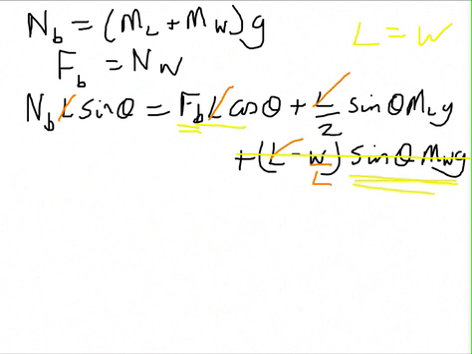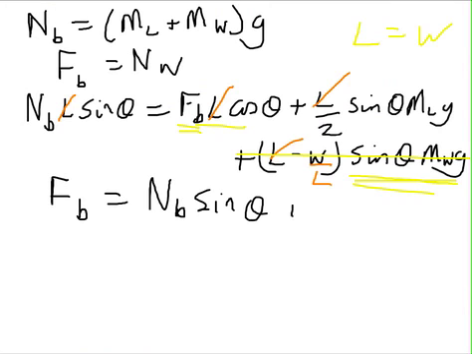So let's rearrange this to get the friction force at the base. That's what's going to cause it to slip. So we end up with the friction at the base is equal to NB sine theta plus MLG sine theta over 2.